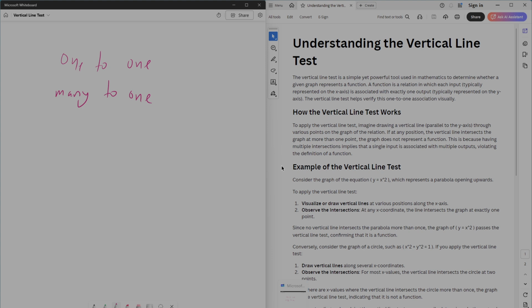So let me give you an example. Let's say you have two graphs. So let's graph two coordinate systems.